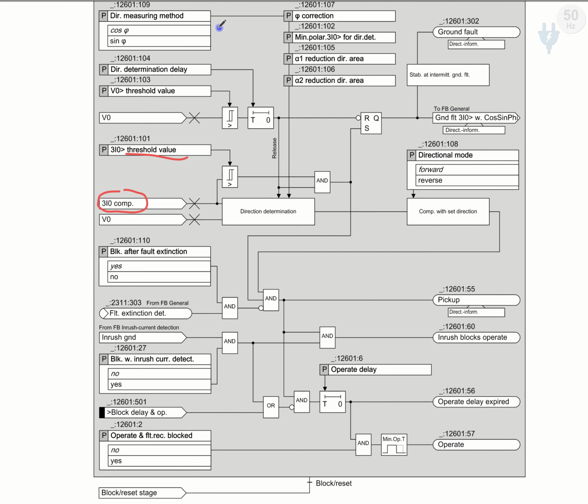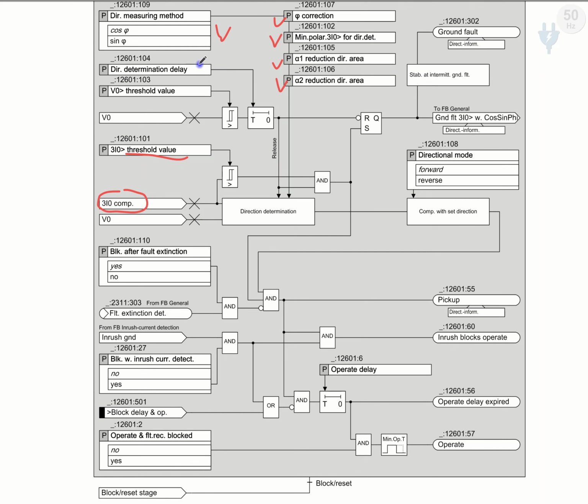In the 8th session and 9th session, we discussed about the direction measuring method, about the angle correction, about the minimum polarization current, and reduction area into the first and fourth quadrant.